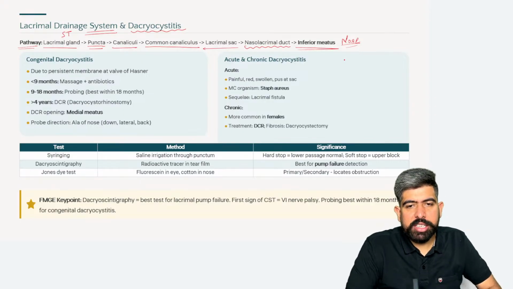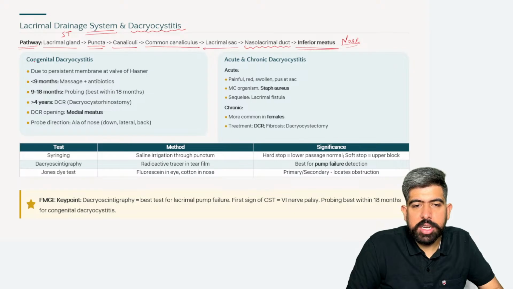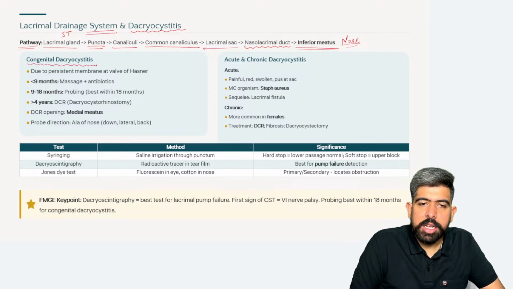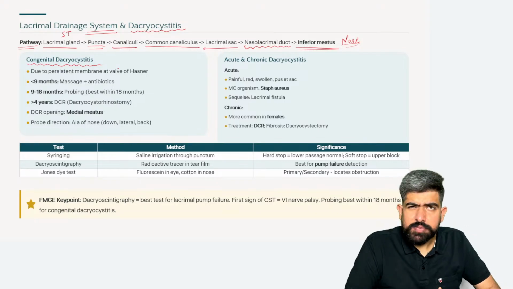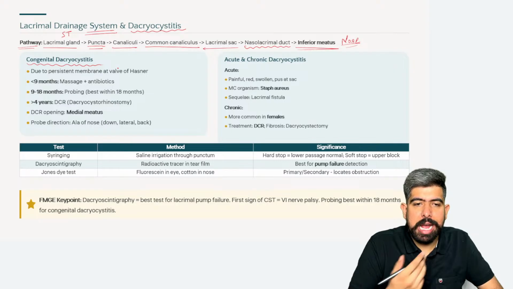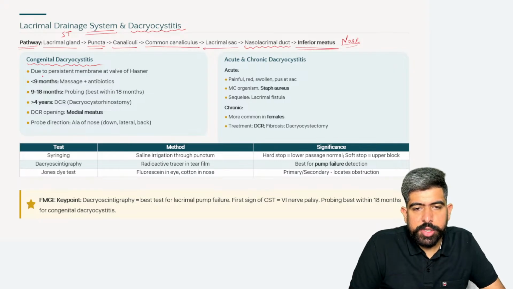Now the infection of the lacrimal sac is known as dacryocystitis, the inflammation of the lacrimal sac. In congenital dacryocystitis, please remember, this is due to persistence of the membrane at the valve of Hasner. What is the valve of Hasner?